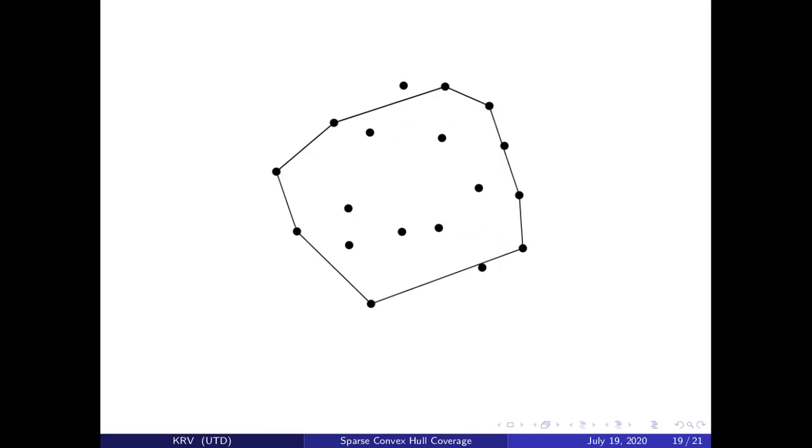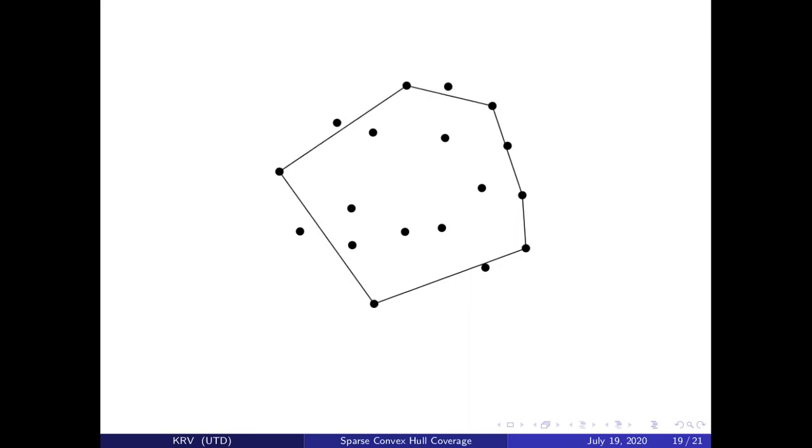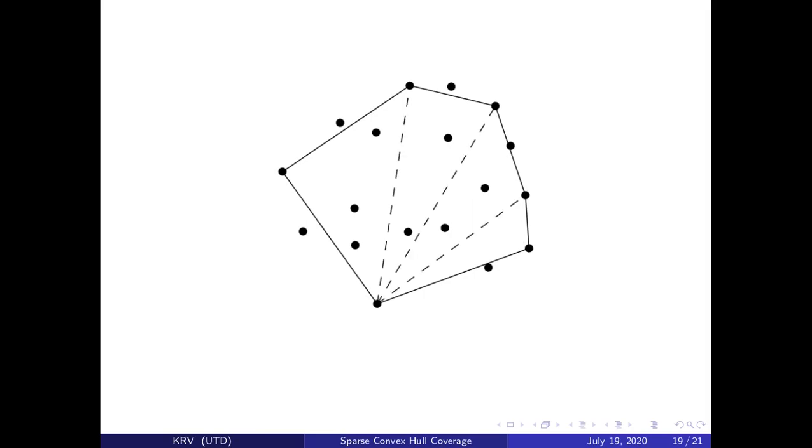So just like in the greedy set cover, the approximate solution can pick more points than the optimal solution. So in this example, this picture has 6 points. So this is the optimal 6-point solution here. And we can see that for this optimal solution, you can triangulate it into simplices.